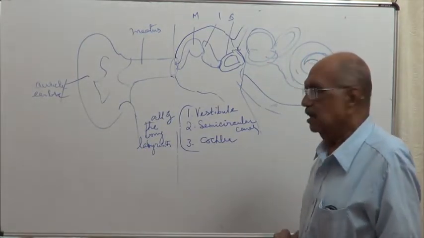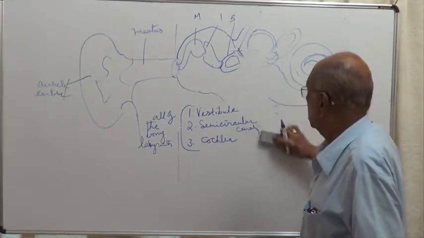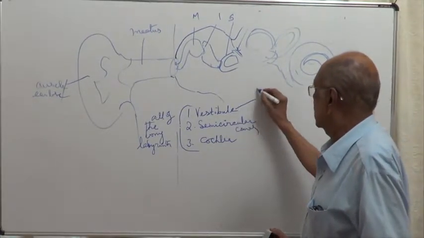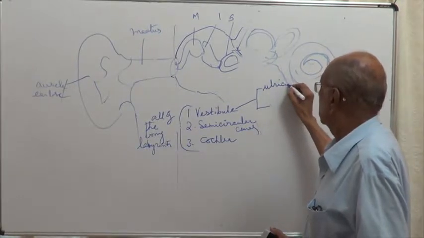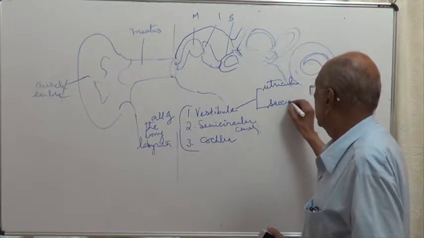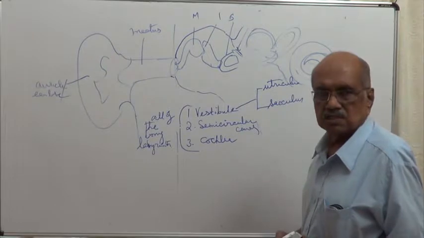Each containing a duct system. For example, the vestibule is made up of 2 sacs, membranous sacs. One is called the utriculus, the other is called the sacculus. Utriculus and sacculus.